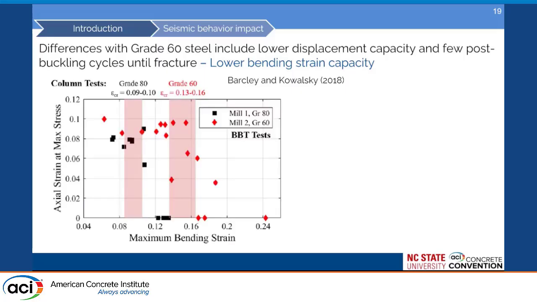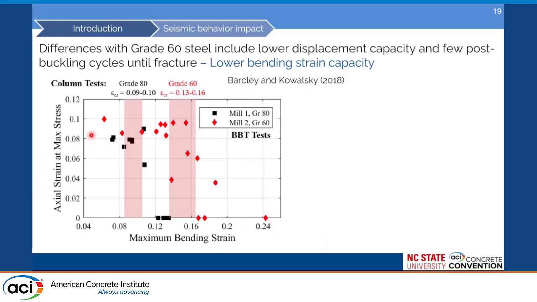So what you can see in this chart is that every point represents a bar that was subjected to a certain amount of bending strain. Bending strain is on the horizontal axis, and the vertical axis represents the elongation capacity of those bars.